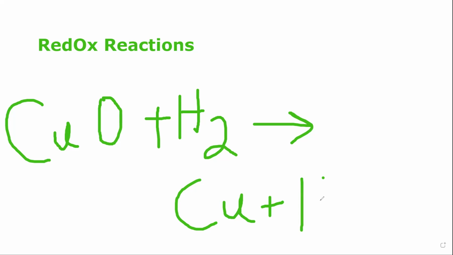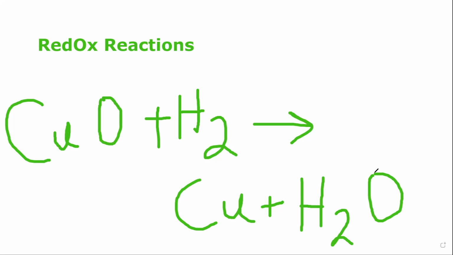Steam is basically water at a higher temperature. It is created when we pass hydrogen over copper oxide: copper and water, the steam, are created.